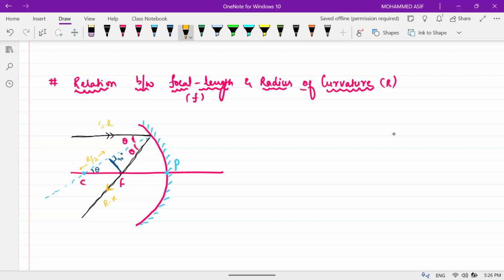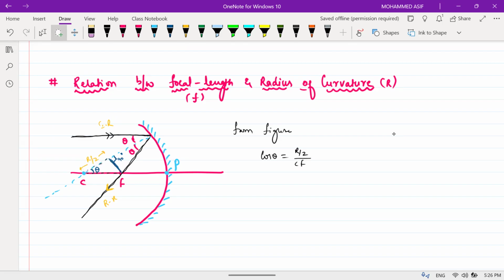Okay. Now see, from the given figure, what is cos theta? Cos theta is equal to R by 2 divided by CF. This is the triangle. Understand?